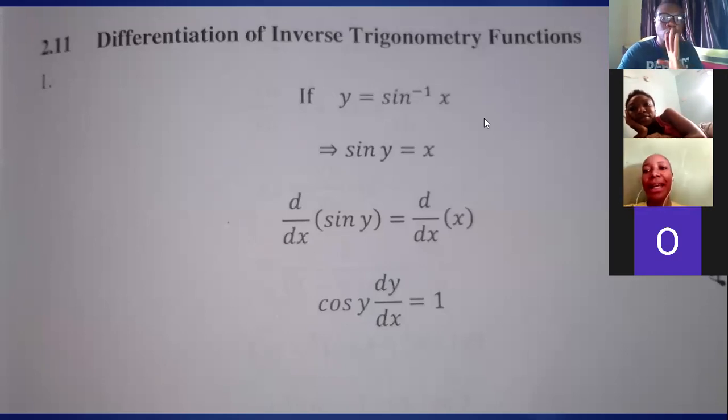Ebun, are you there? Yes, sir. Okay, good. Differentiation of inverse trigonometric functions. So when you're asked to differentiate sine arc x, how do you go about it?